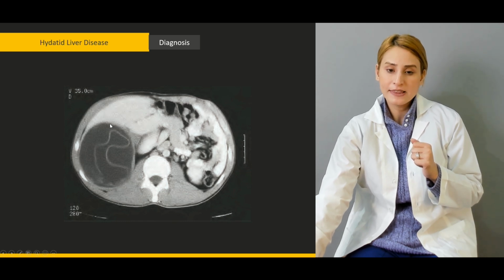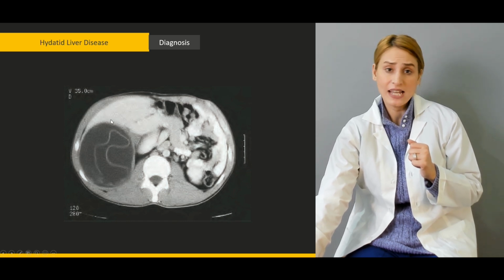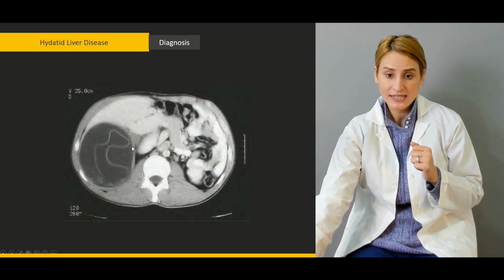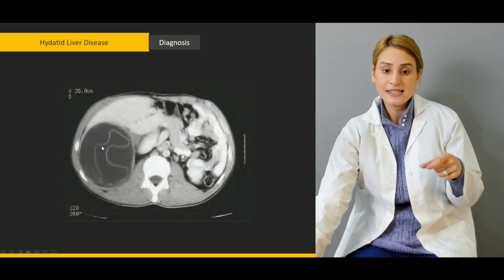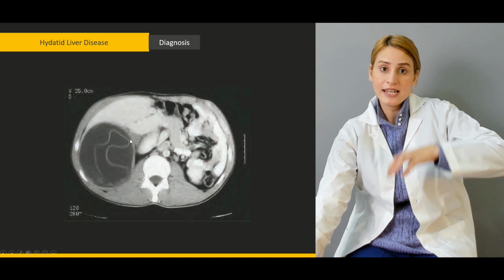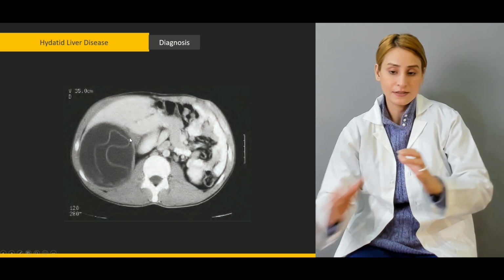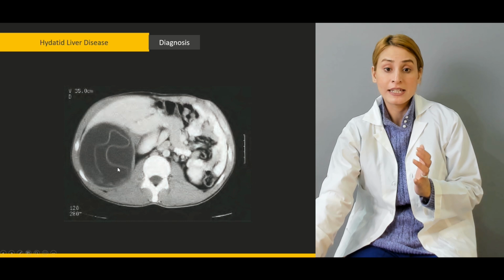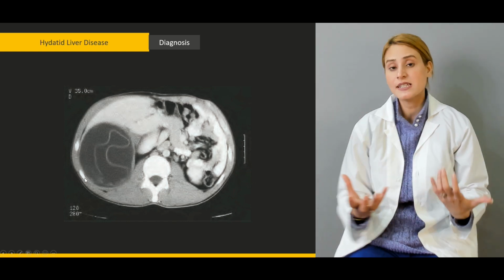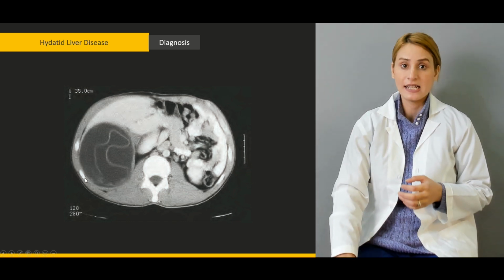If you compare this part with this part, there is a dense hypoechoic lesion present here, and inside you can see the parasite loculation, a cystic, demarcated area within that. This is giving you the diagnosis of hydatid liver disease.